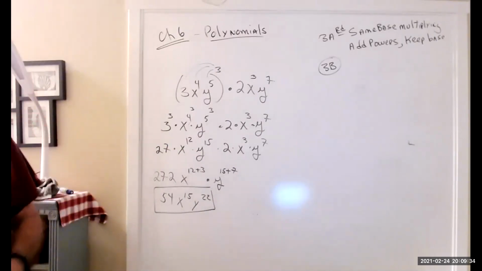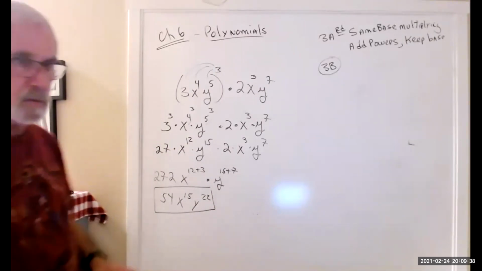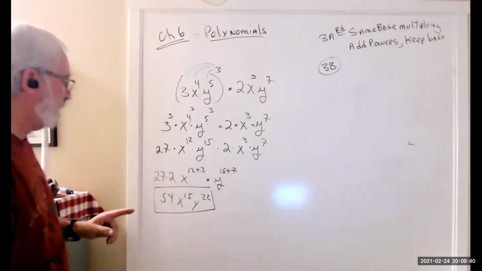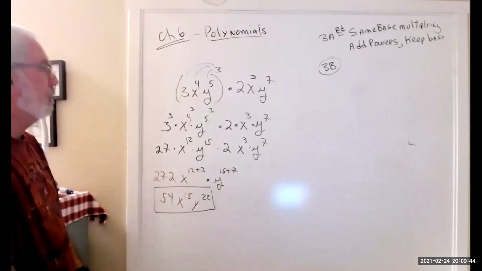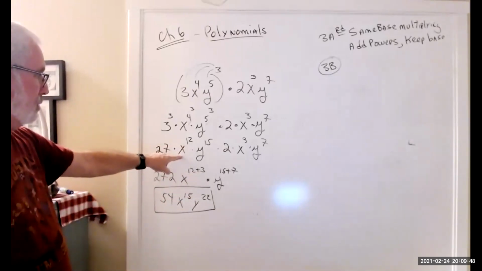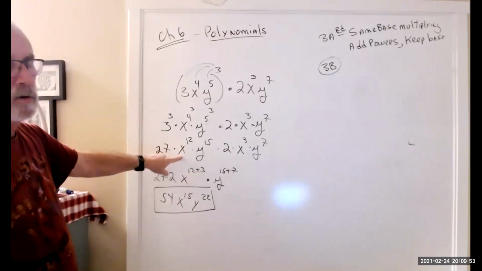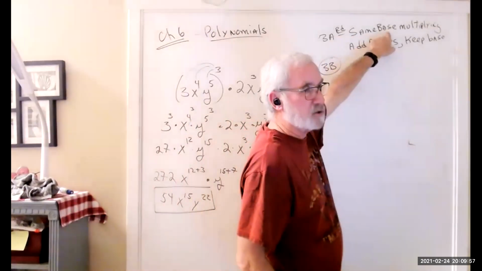So after adding the powers... After adding the powers, 12 plus 3 is 15? No, before that. Yeah, so the next one, it's kind of like grouping like terms. In a way, yes, because you're looking for the same base.